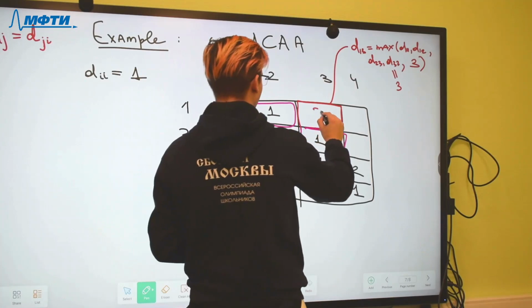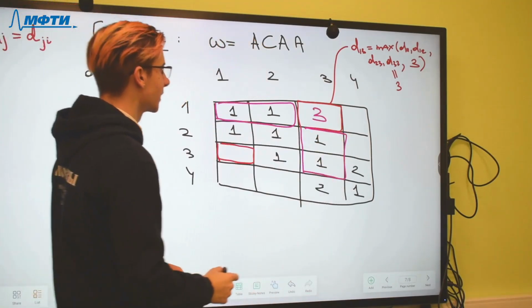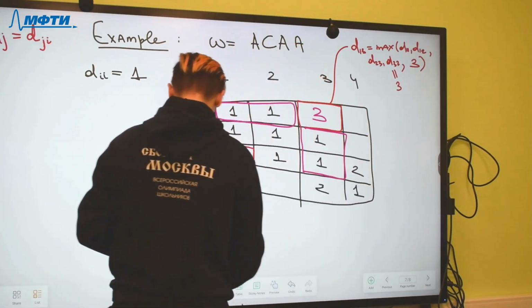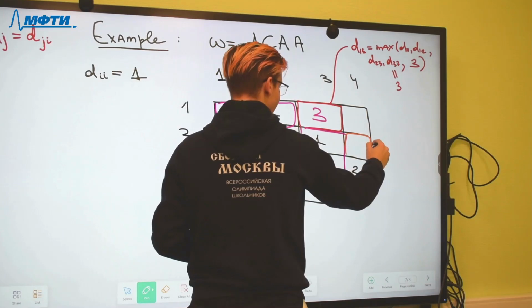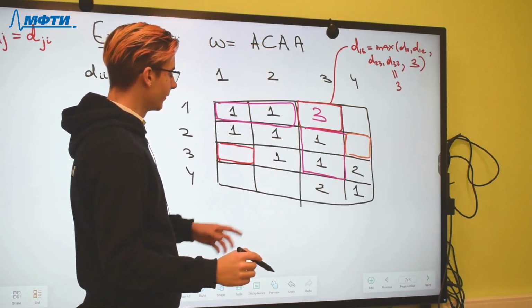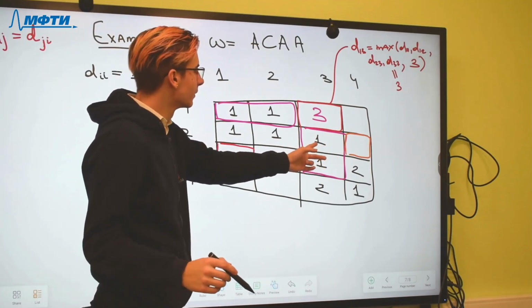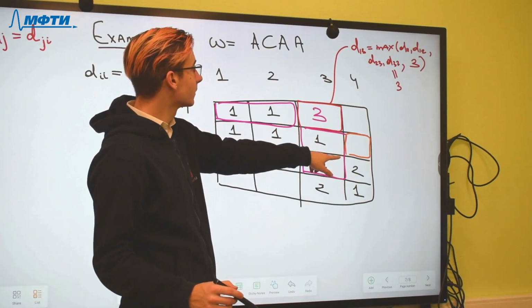So then we can repeat it, for example, for this cell. We can compare these numbers, we find the maximum, it's equal to 2.